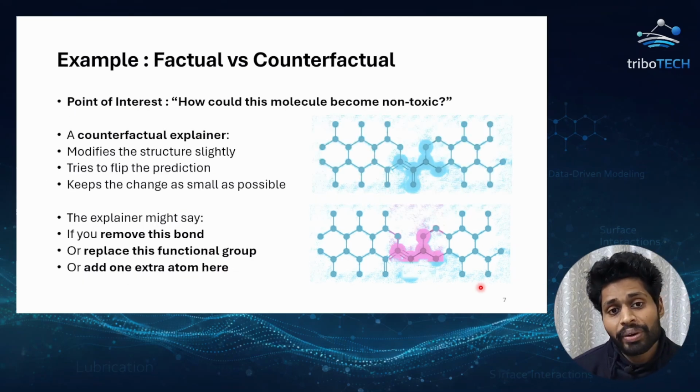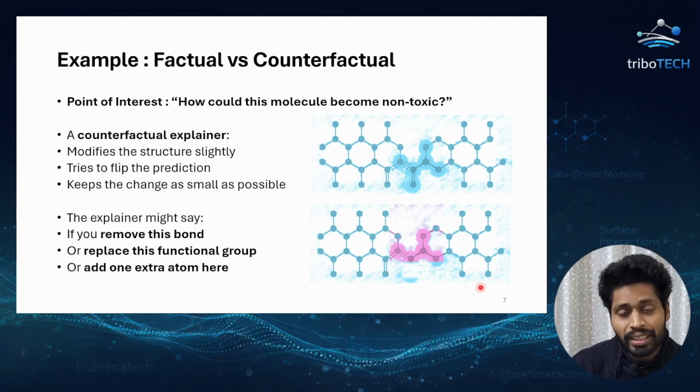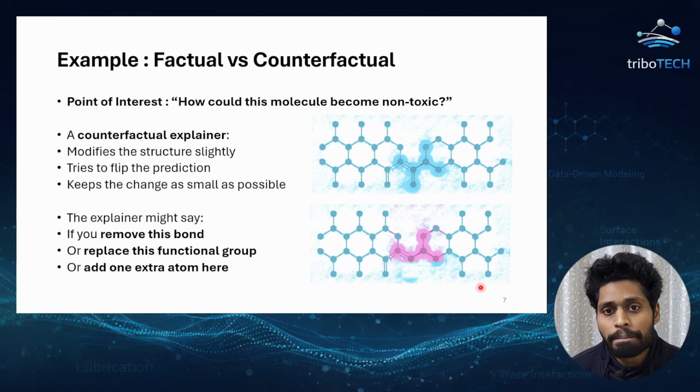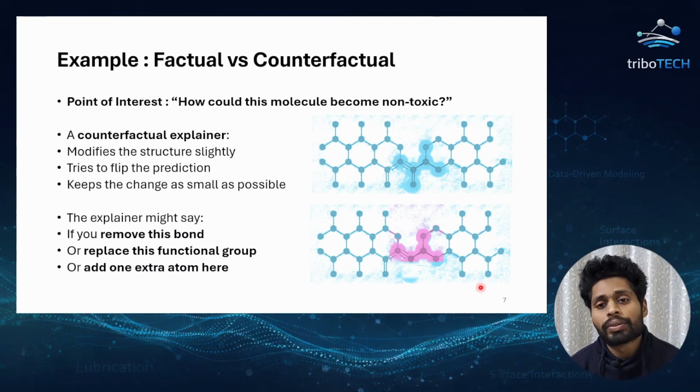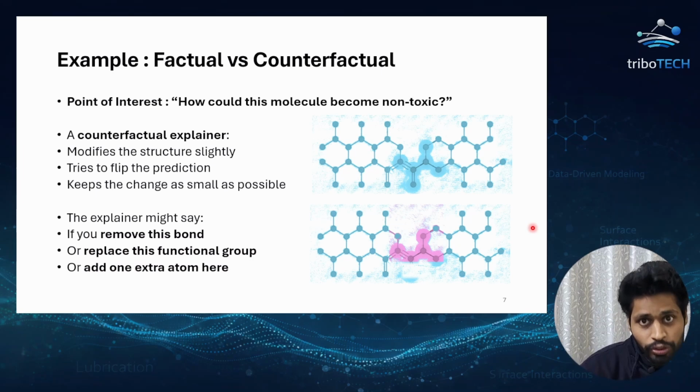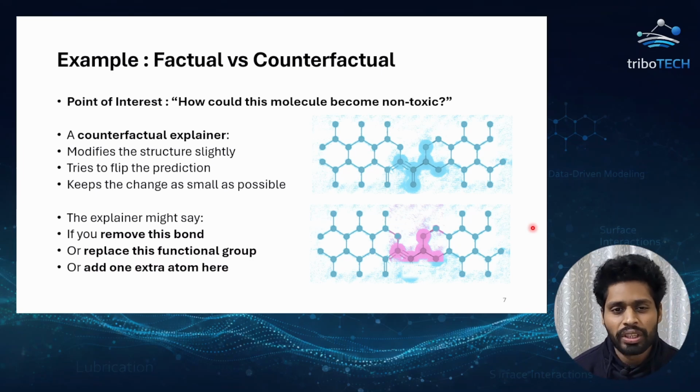If your point of interest is how could this molecule become non-toxic, which is a legitimate point of interest, then in this case your choice should be a counterfactual explainer, right? So it modifies the structure slightly, like you can see in this figure, and tries to flip the prediction, keeping the change as small as possible, right?